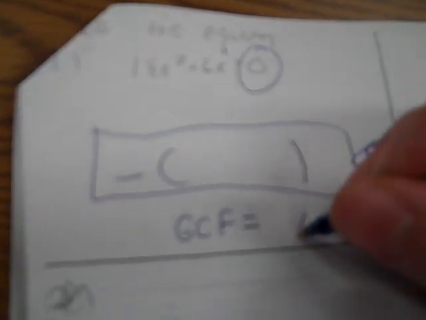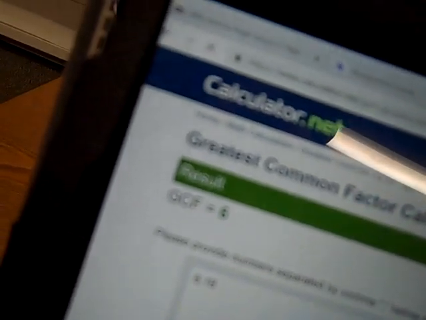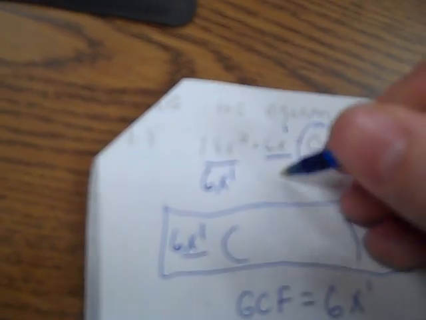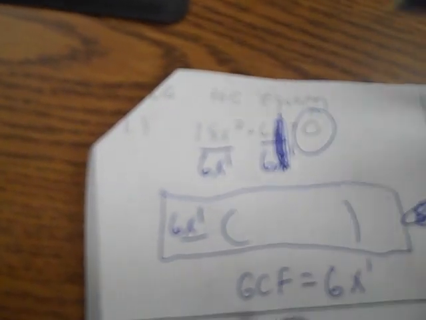Okay, so the 18 in the front's positive, and x to the 1. And then 6 and 18. I think it's 6. Check to be sure, even if you think you know it, though. Okay, and the GCF is 6. Okay, so 6x to the 1 out of here. And then I divide these each by 6x to the 1. I know that looks confusing, but we can cross those out.